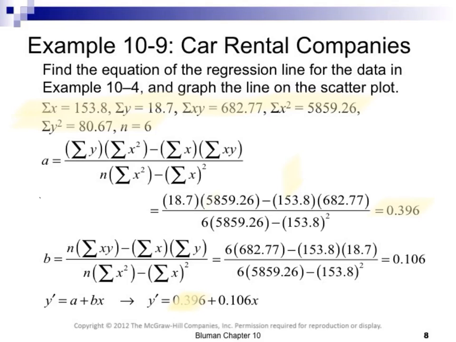Then your B, which in this case is your slope. Your B is this equation, and here's your B, right here and right here. Again, that's the slope because it's the number in front of the x, the coefficient.